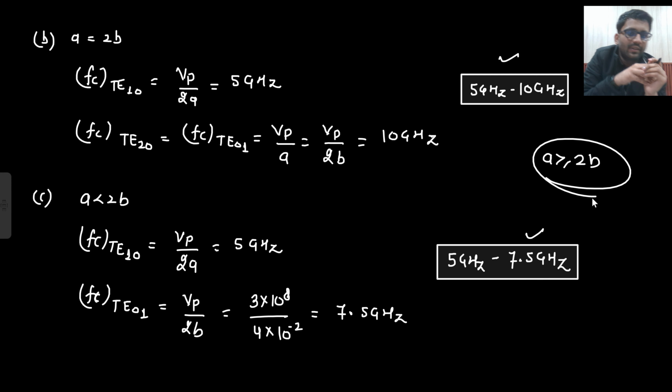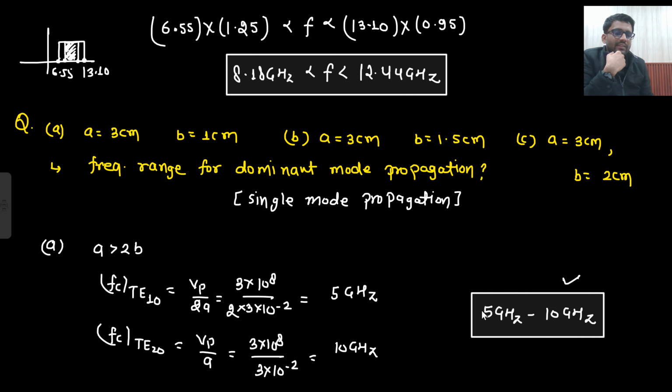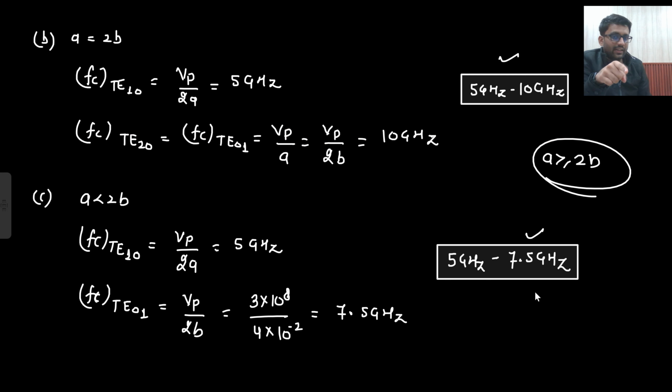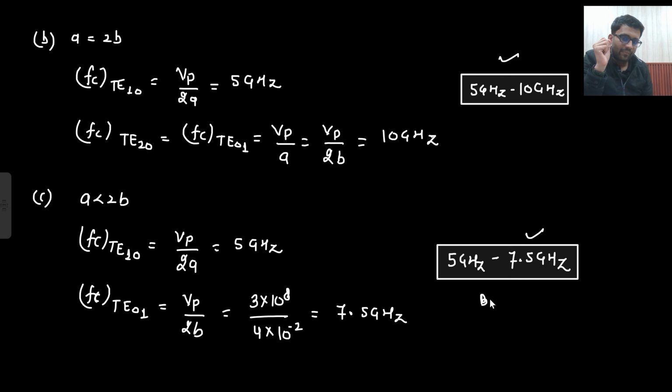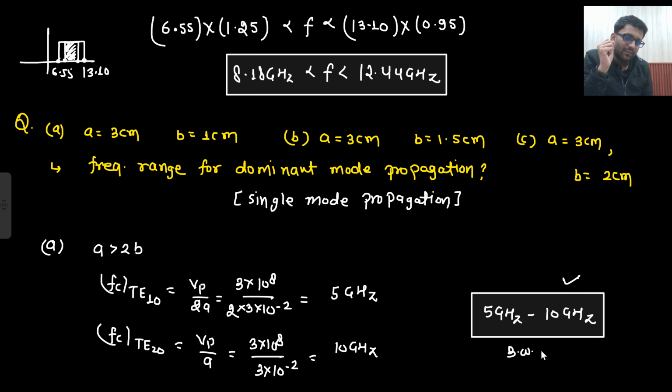Are you getting this point? Here the range was 5 to 10 gigahertz. Here the range was 5 to 10 gigahertz. But here the range is lesser. Here your bandwidth is 2.5 gigahertz. Here my bandwidth is 5 gigahertz. And here also my bandwidth is 5 gigahertz.